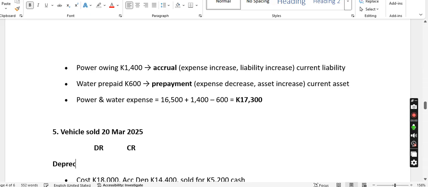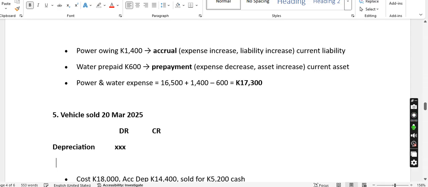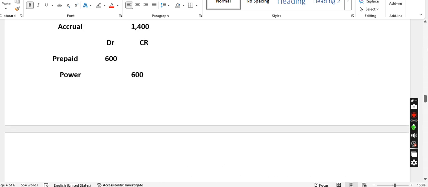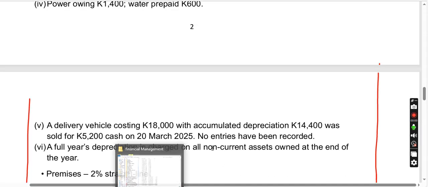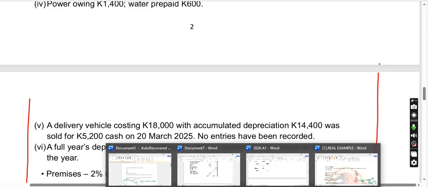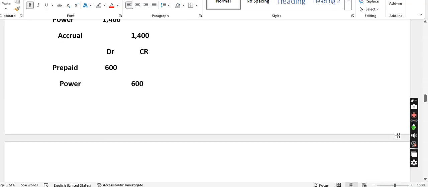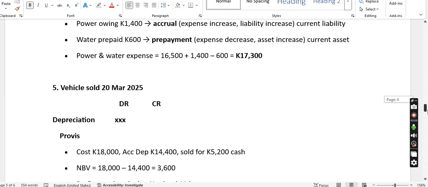This is the one you see in the income statement. And then you credit provision for depreciation or accumulated depreciation. Which word did they use in this question? Accumulated depreciation. Other books you see it as provision for depreciation.